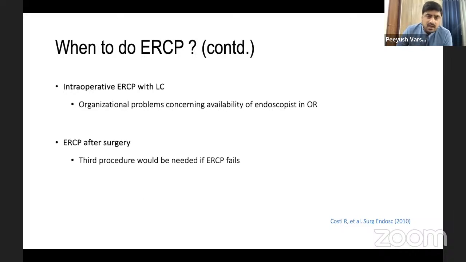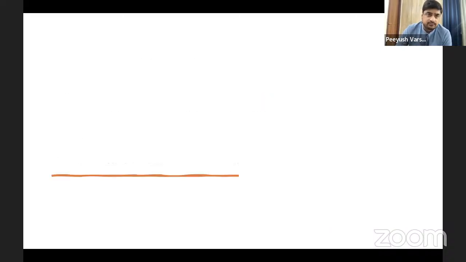When doing an intraoperative ERCP, there are organizational problems concerning the availability of the endoscopist in the operative room. And when we are dealing with ERCP after surgery, we have to be cautious because if the ERCP fails, then the patient may require a third procedure for a completion CBD exploration.